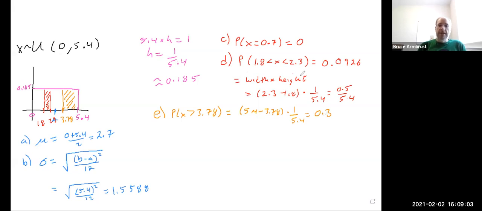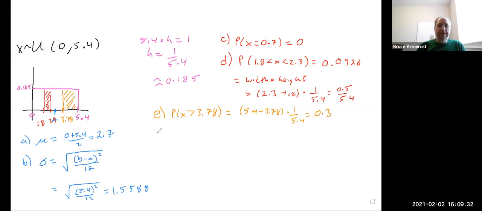But I want you to notice how similar D and E were. They were very similar questions, at least in terms of how we answered it. It may have felt completely different. One, we were looking for the probability of being between some values, and the other is what's the probability of having to wait more than. But in terms of how we built it, yeah, area of a rectangle.